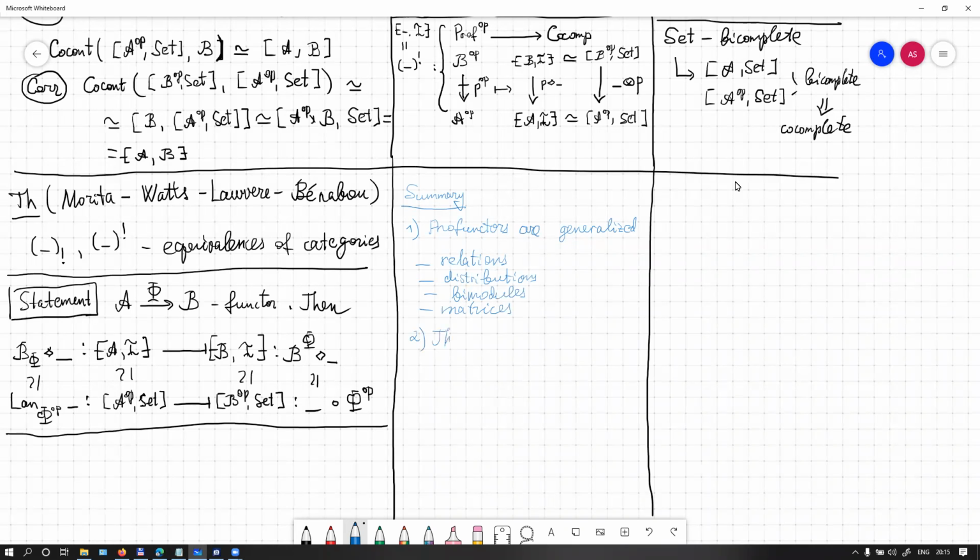Second, every profunctor is a composition of co-representable with representable, or respectively co-representable, profunctors.